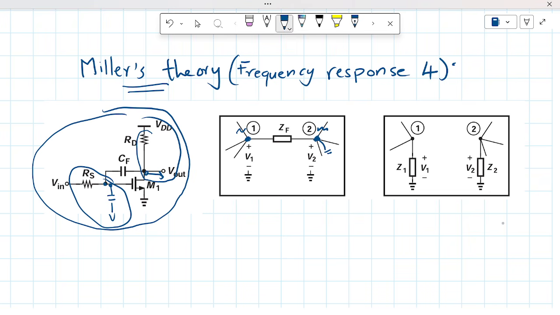So if we have two nodes here, node 1 and node 2, with the voltages at node 1 and node 2 being V1 and V2 respectively, then we could replace it with two different impedances, one moving from node 1 to the ground, which we will call Z1, and another moving from node 2 to the ground, which we will call Z2.